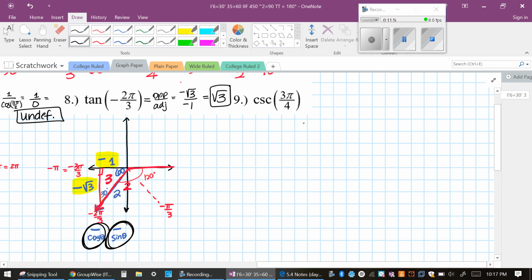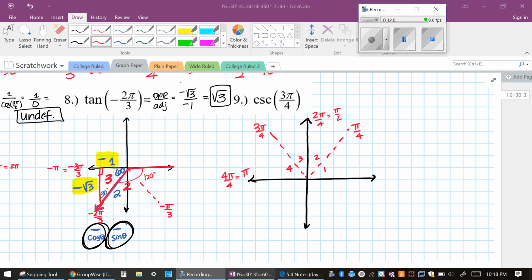Okay, go ahead and pause the video. Graph 3 pi over 4 and find the reference angle. Push play when you are ready. Okay, since the denominator was 4, I cut this half of the circle into 4 pieces.